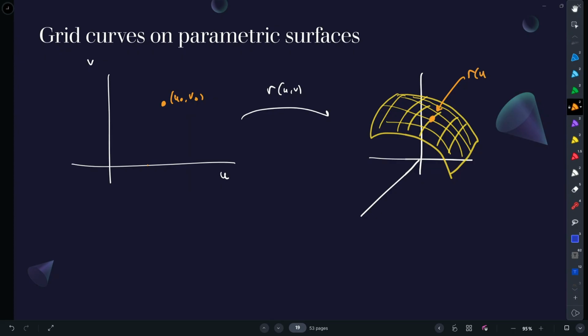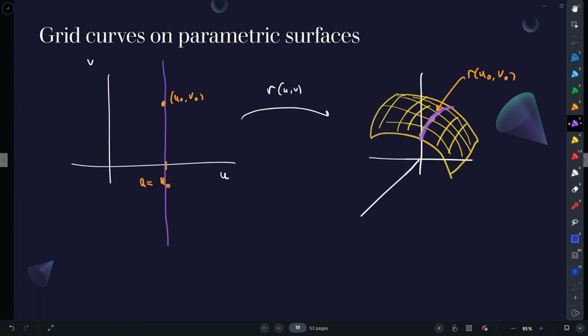That's the point r of u0, v0 somewhere on the surface. And then when you fix one of the coordinates, for example u equals u0, in parametric space you get a line like this, and when you map that line, that is going to give you some curve that goes through that point, okay?